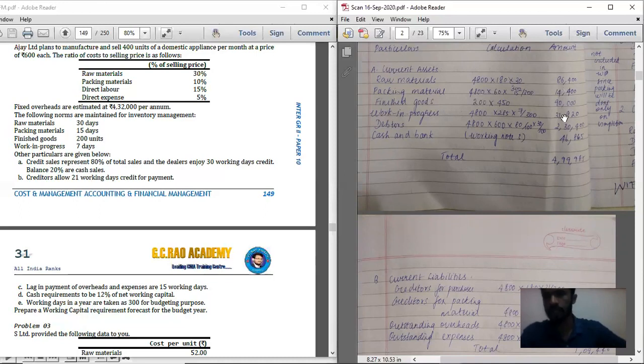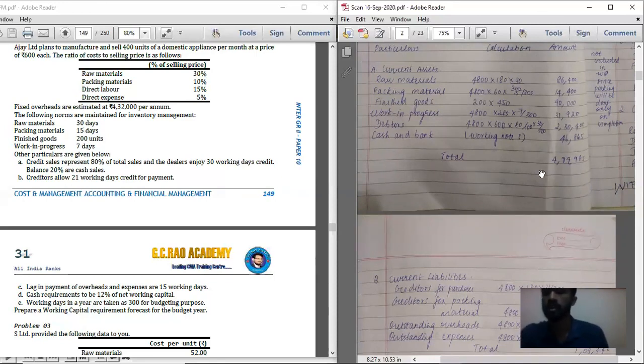Use the calculator and total it. You should use the calculator whenever we are calculating the answers, so that you will get fast usage of the calculator. You will get that speed. So total it. How much is the total amount? 4,99,985.